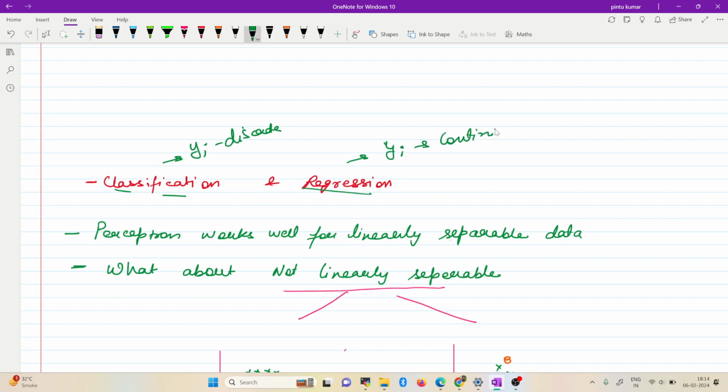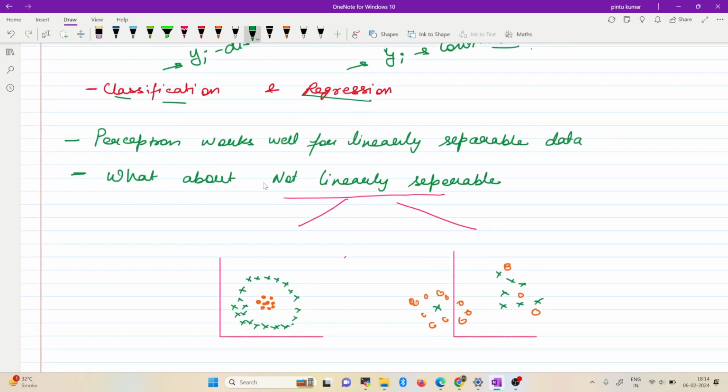Last week we saw that the perceptron can learn a linear classifier for any linearly separable data set. But what you encounter in real life is not linearly separable data sets. The data sets that you will encounter in real life are generally not linearly separable.